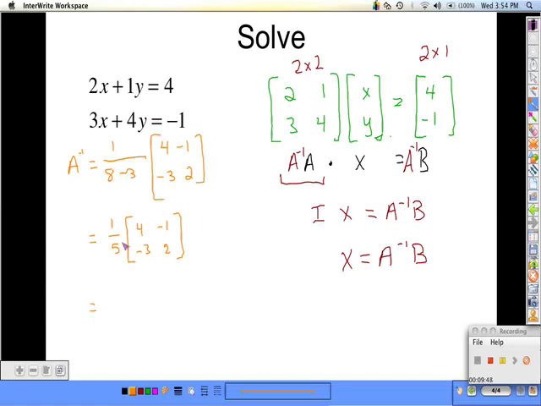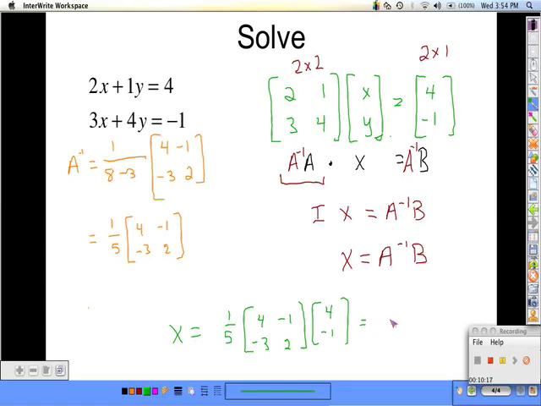And then you could either multiply the 1/5 in, or you could leave it like this. And I'm actually going to leave it like this for now. So to find x, we're going to take that inverse, 1/5 times 4, negative 1, negative 3, 2, times 4, negative 1.